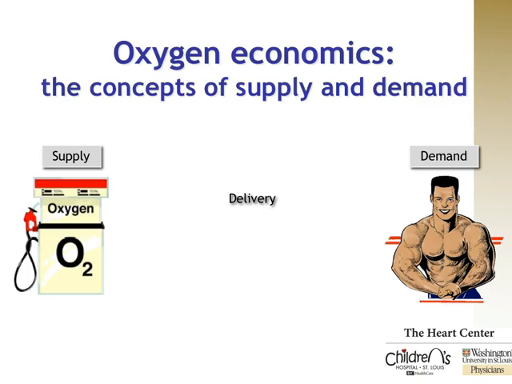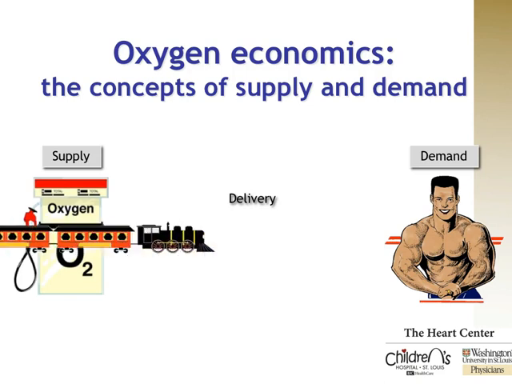So I like this analogy a lot for understanding the principles of oxygen supply or oxygen delivery. Oxygen is brought into the body via the lungs, so we can look at the lungs as the gas tank, the supply area. Oxygen is consumed in the body by the tissues, and we have a delivery system.